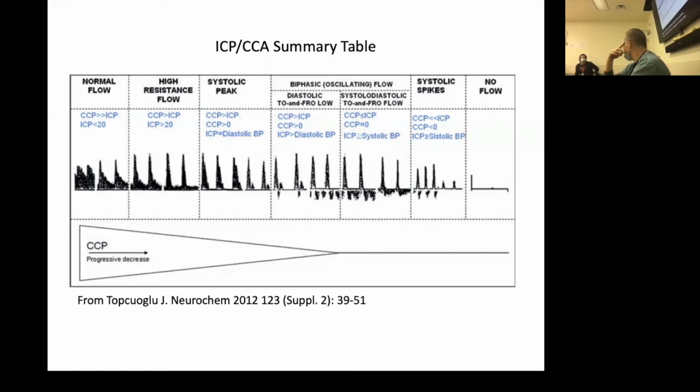It was more like 200, 300 TCDs before I really got comfortable with variation in normal MCA patterns, how to insonate certain vessels, and certainly when you're going outside of the MCA territory into other vascular territories, it becomes a whole other ball of yarn.